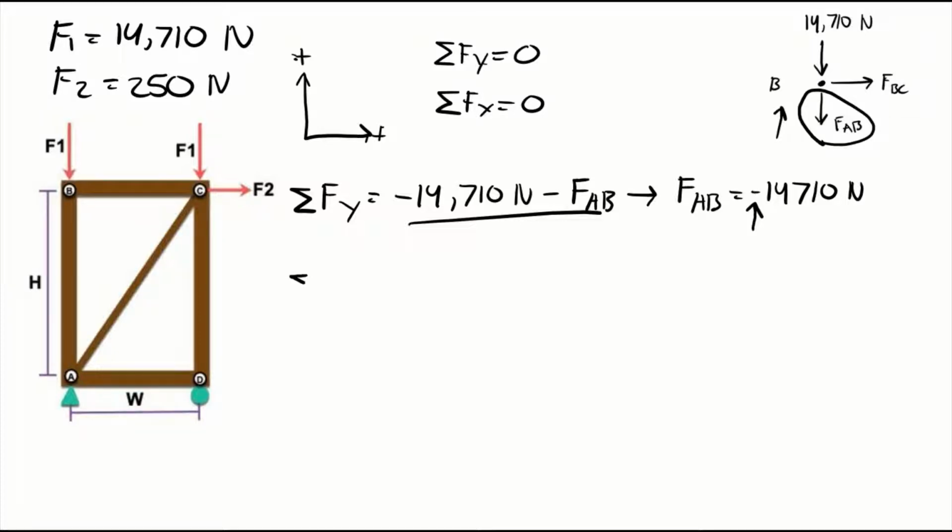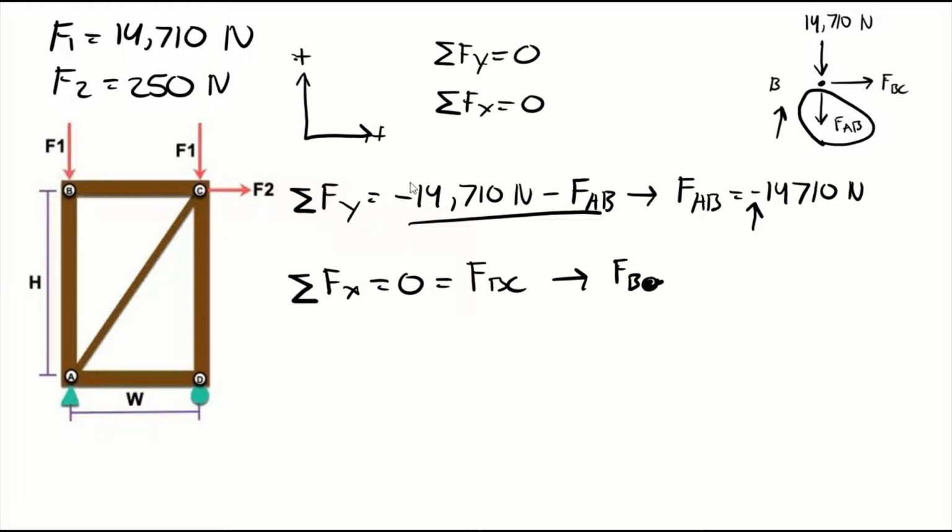So moving to the sum of the forces in the X direction, we only have one force in the X direction, which is F sub BC, which means that F sub BC is equal to 0. Messed that up.